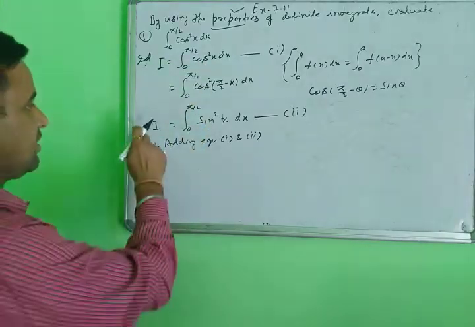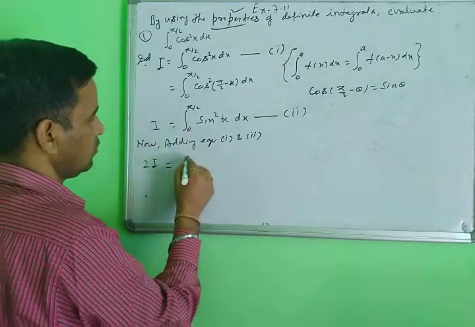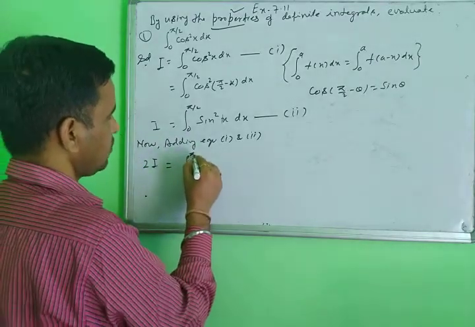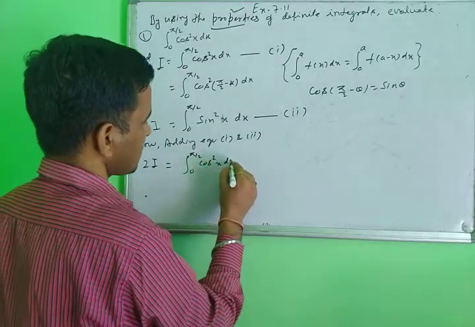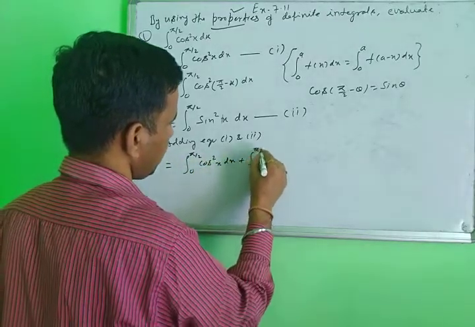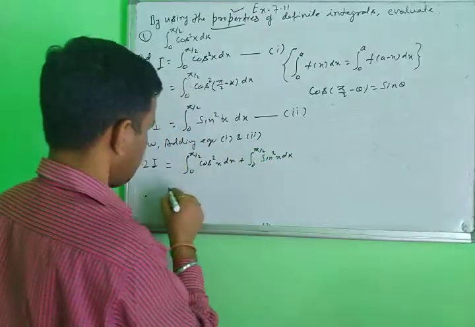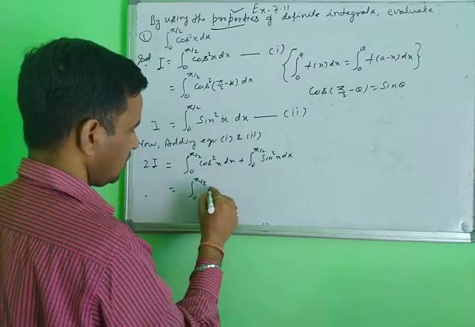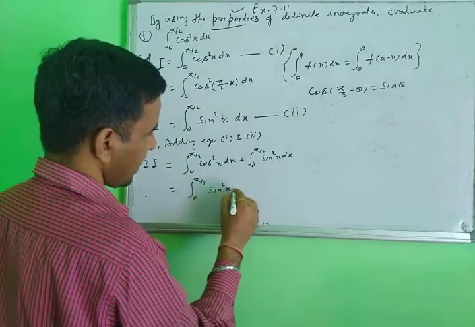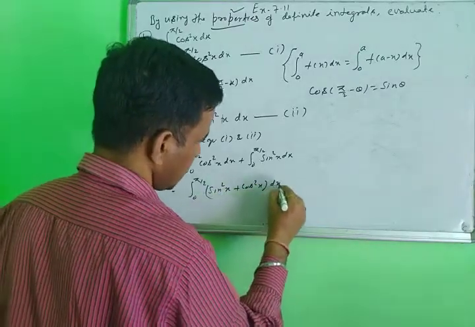I plus I is 2I, equal to the integral from 0 to pi by 2 of cos square x dx plus the integral from 0 to pi by 2 of sin square x dx. Now you can take common: the integral from 0 to pi by 2 of (sin square x plus cos square x) dx.